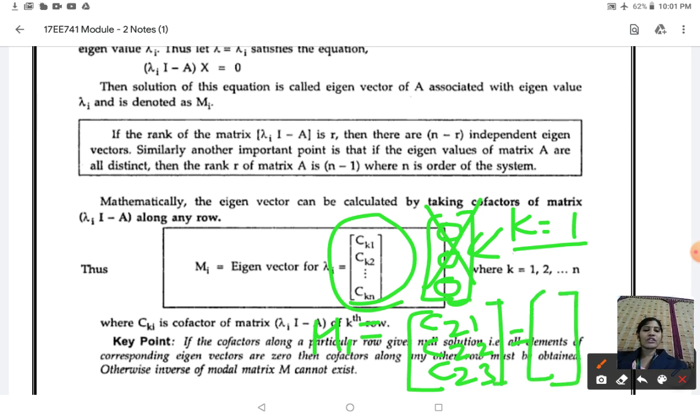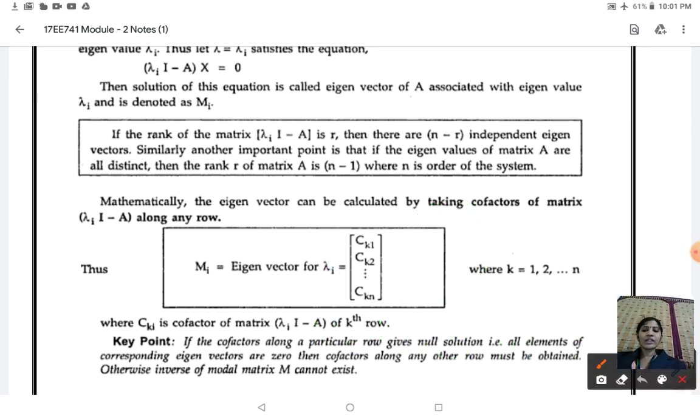A null matrix is not accepted as an eigenvector or modal vector. That is given in the key point. If the cofactors along a particular row give a null solution, with all the elements of the eigenvector being 0, then the cofactors along any other row must be obtained. Otherwise, the inverse of the modal matrix cannot exist. Why?